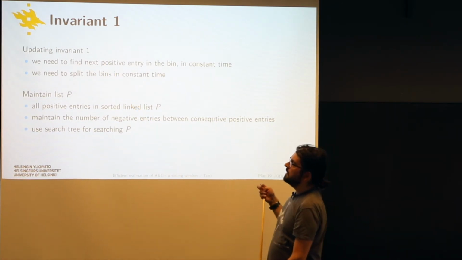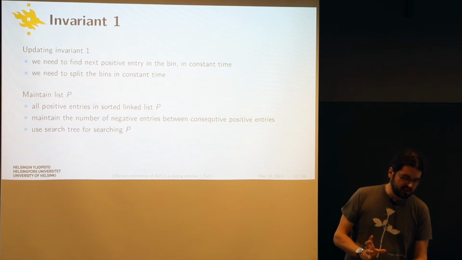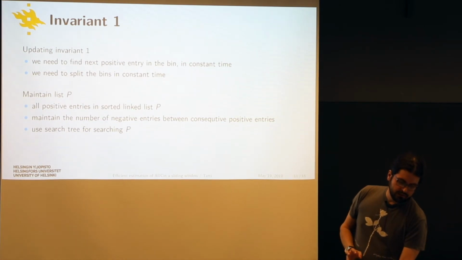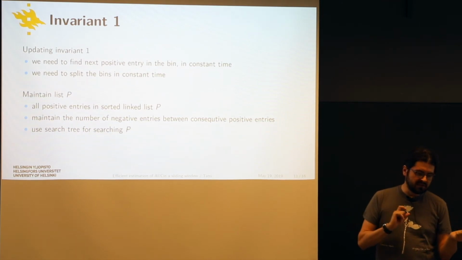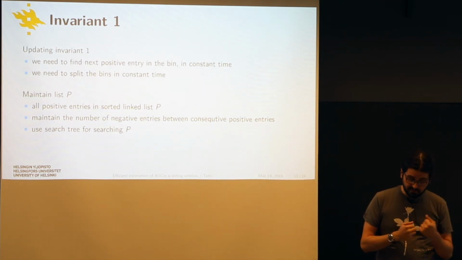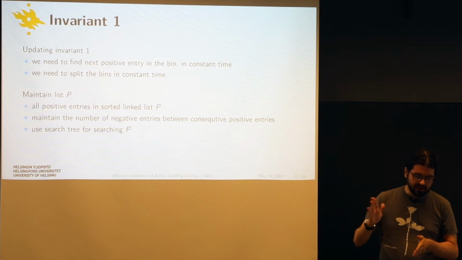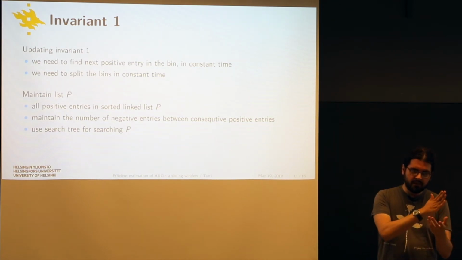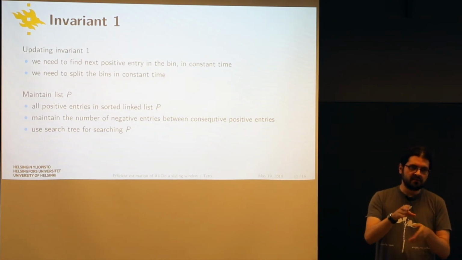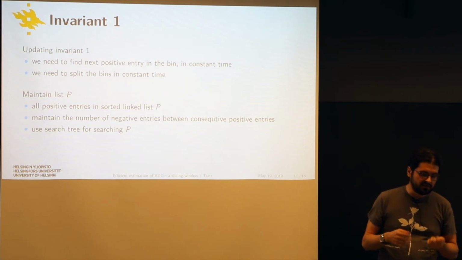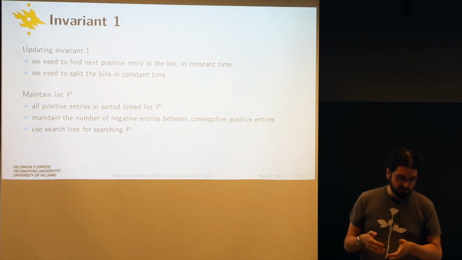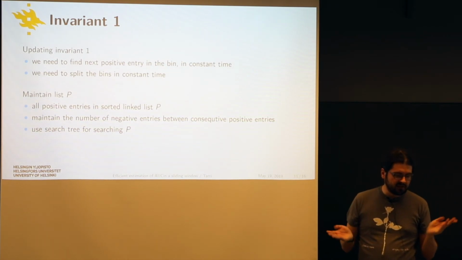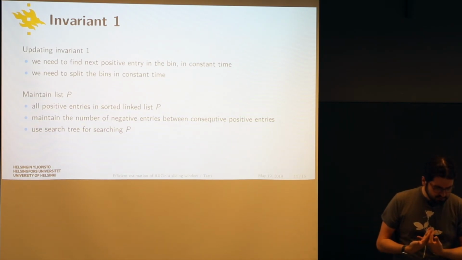When we're splitting the bin, we need to split it such that both bins have at least one positive entry. So given a bin, we need to find the next positive entry in that particular bin so that we can split it apart. And you have to do it in constant time because we have log k divided by epsilon bins, and if you want proper running time, this is what you have to do.